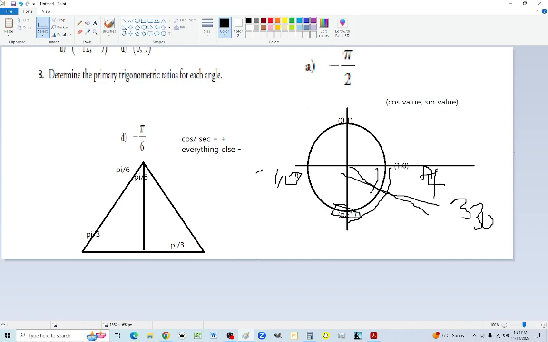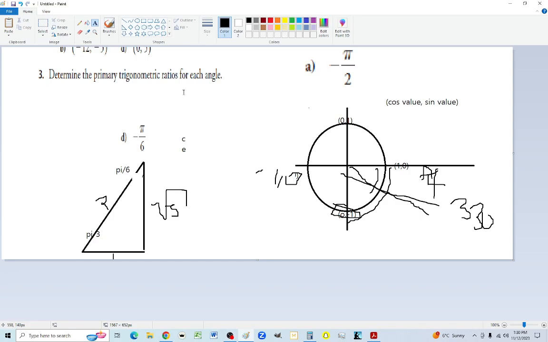Well, if each side here was 2, when we cut the bottom here, it becomes 1. And we just need to figure out what the tall side is. Well, this squared plus this squared is equal to this squared, which is 4. So that means this is the square root of 3.